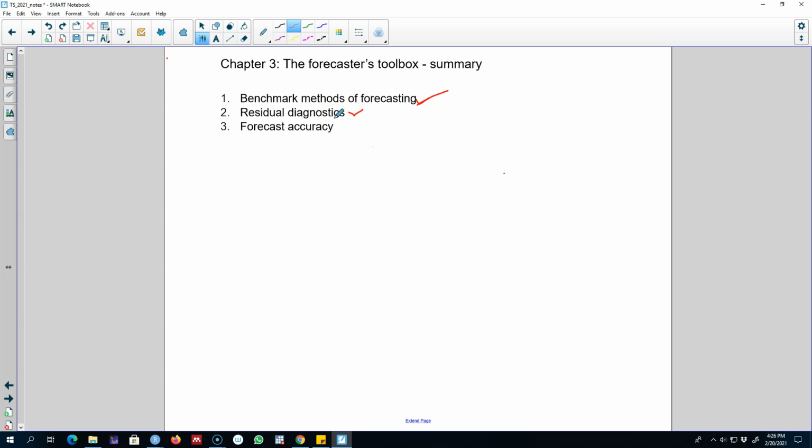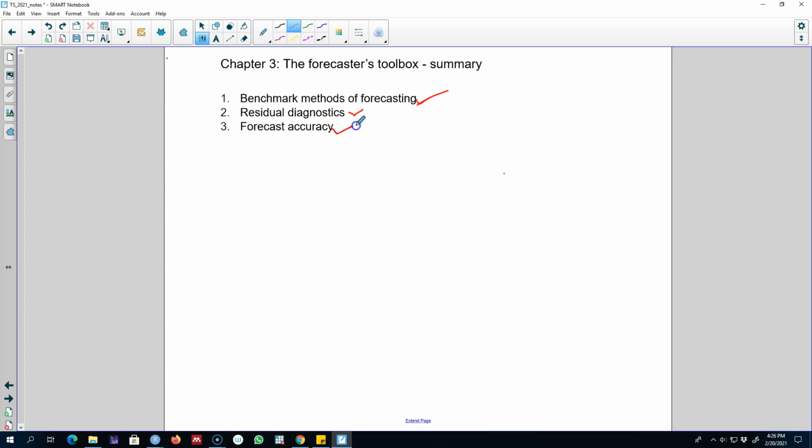So ideally our residuals should have a mean which is equal to 0. Then our residuals should not be correlated with each other. That is, we can look at the ACF to know whether our residuals are correlated or not. Or we can apply the Ljung-Box test to know whether our series is white noise or not. And then we can also test for the normality of the residuals by looking at the histogram.